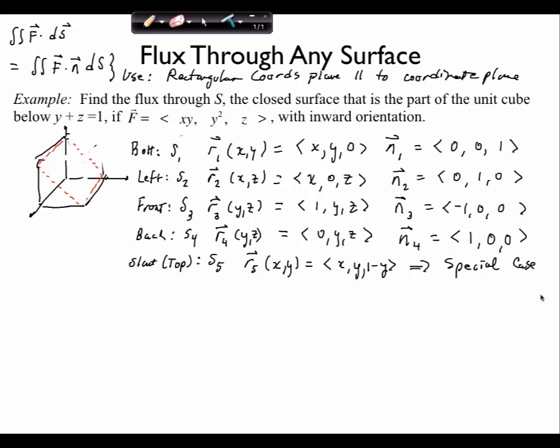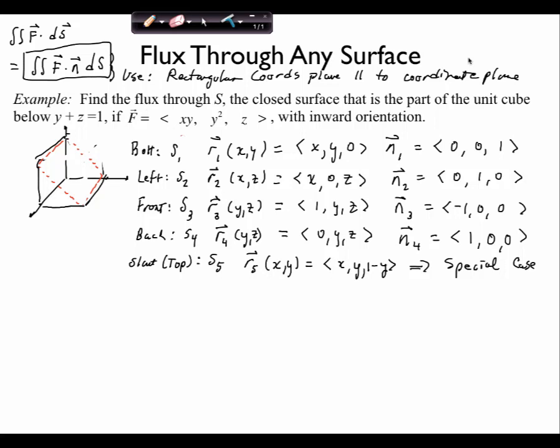Okay, so now I think, let's do attendance. And you guys start setting up and solving these integrals. The first 4 should be quick and easy because we're going right to this. All you have to do is F dot n, and it turns out because you're in rectangular coordinates parallel to the coordinate plane, dS and dA are the same thing.